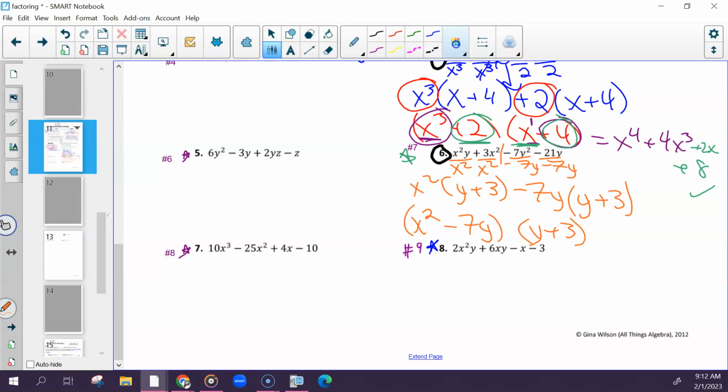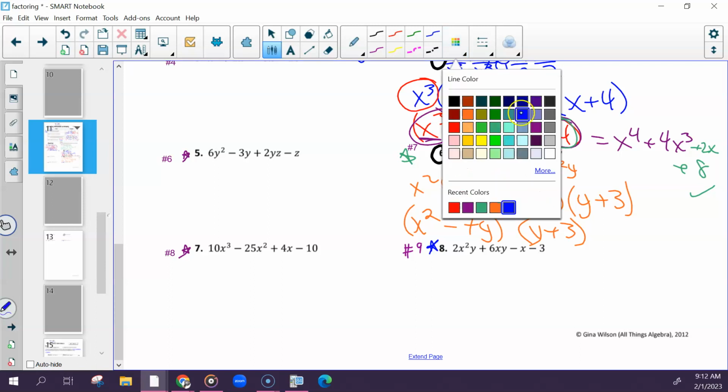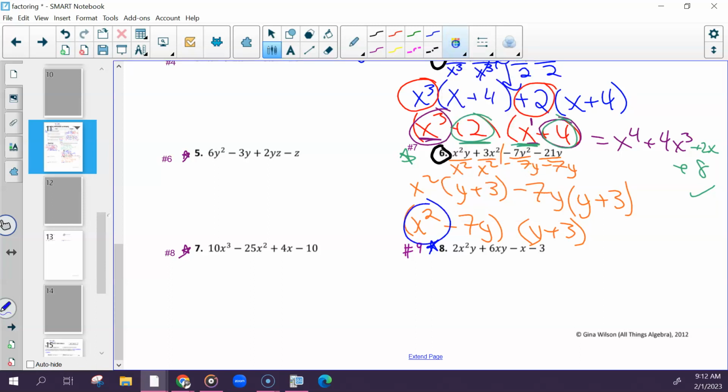Multiply x squared by y and 3 individually. x squared times y. Multiply those to get x squared what? 3x squared.